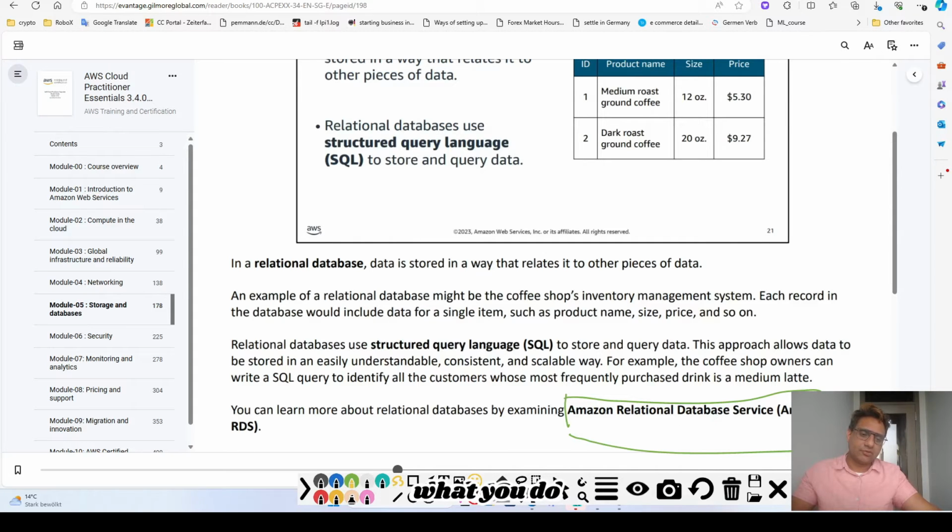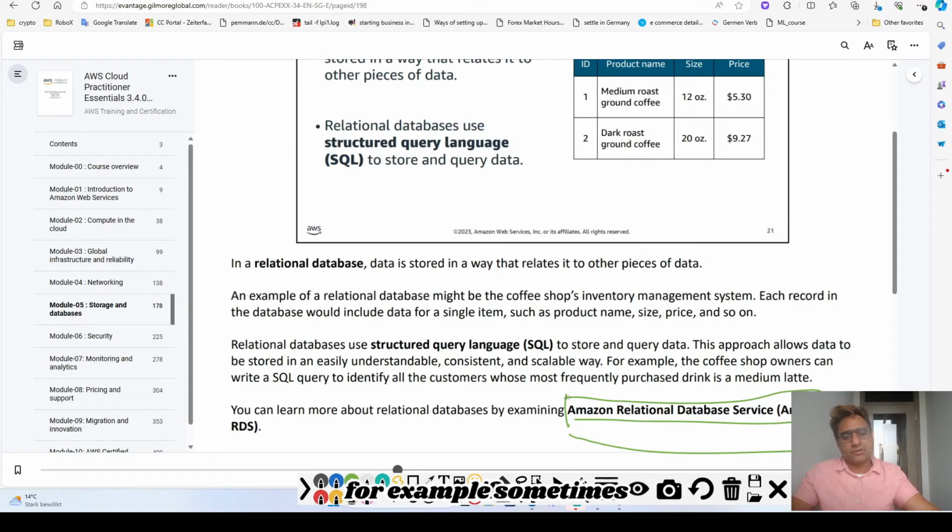There are a lot of administrative tasks: you need to create users, create different permissions, do backups, patching, and a lot of stuff. All of this is taken care of by the RDS service.